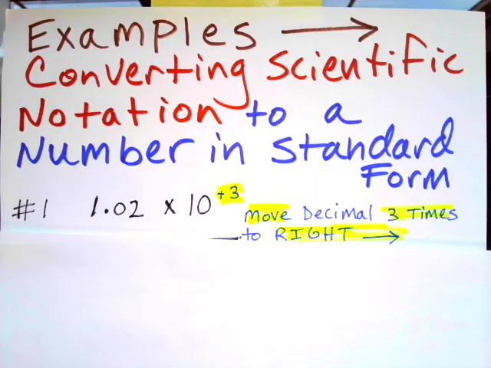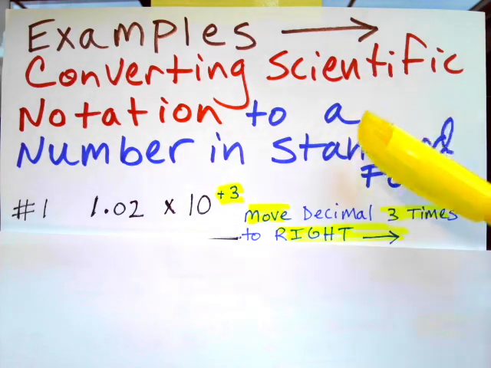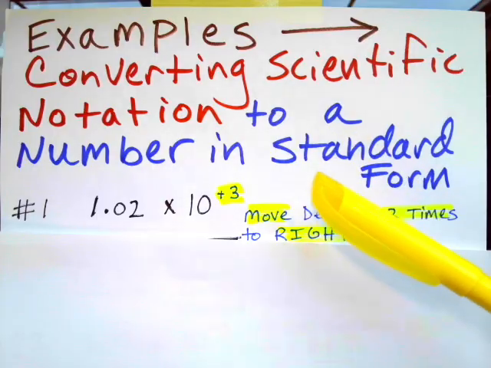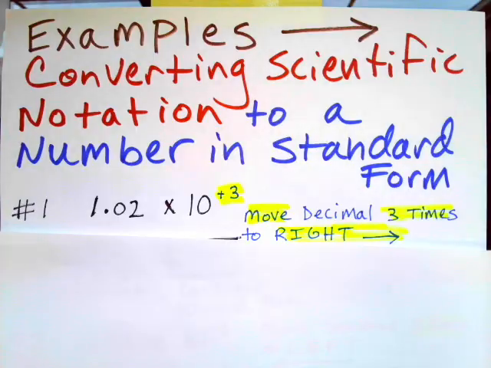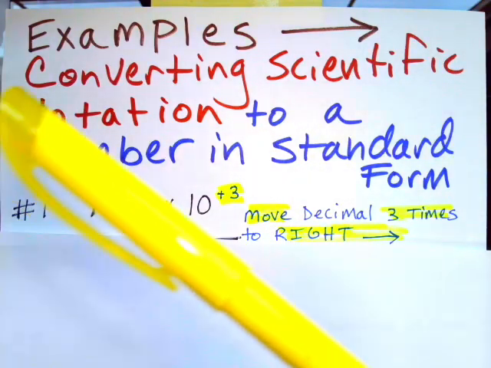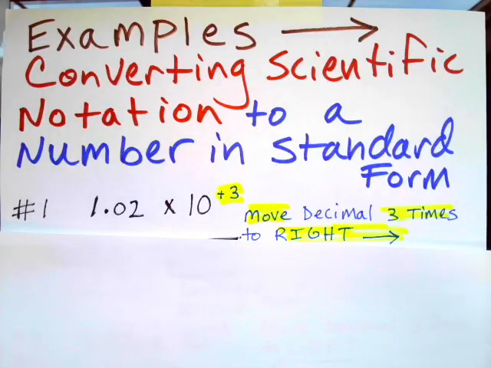But I want to continue in this series by showing you how to convert scientific notation into standard form. I'm just going to go over a few examples. Since these types of examples are not needed to answer the question, they're giving you further understanding of how to convert scientific notation back into a regular standard number. It's important to continue what I had started.